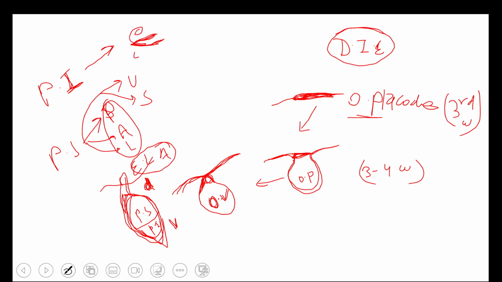Later the cells of this cochlear duct will form the sensory hair cells of the organ of Corti. All these structures are formed from the pars inferior and the pars superior.